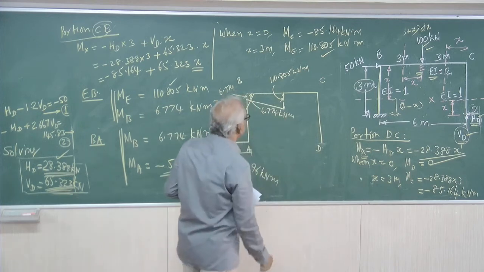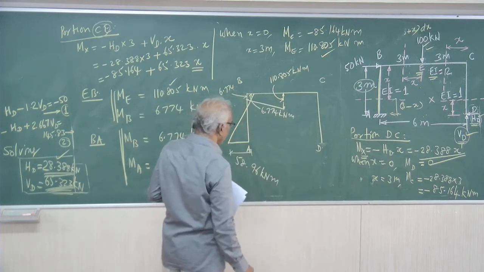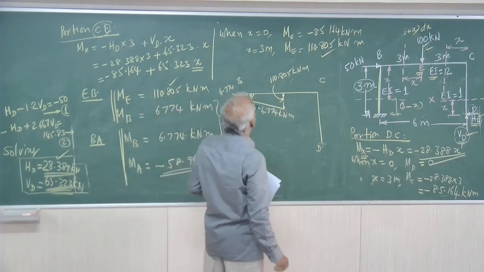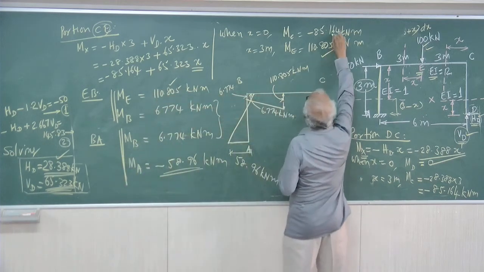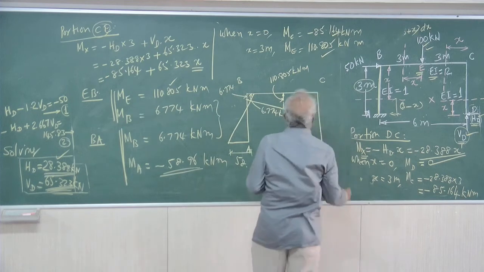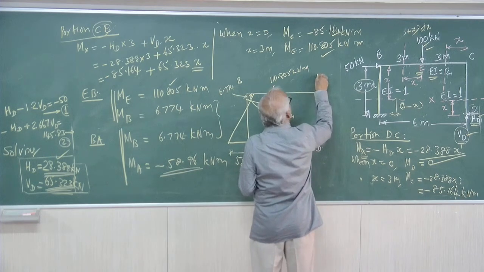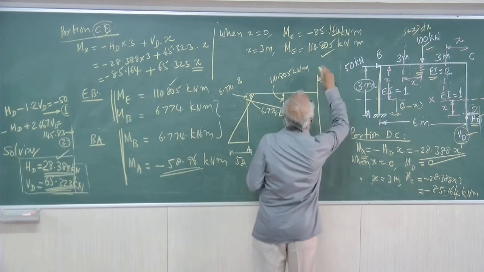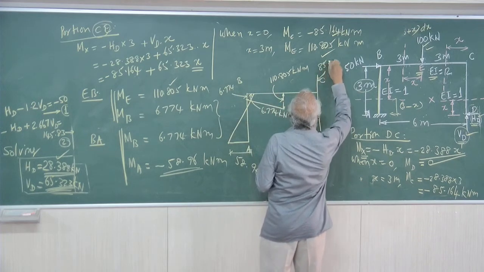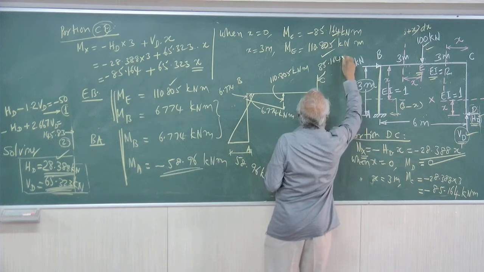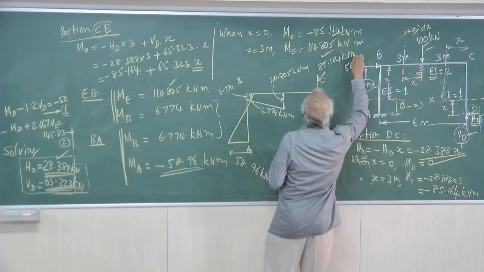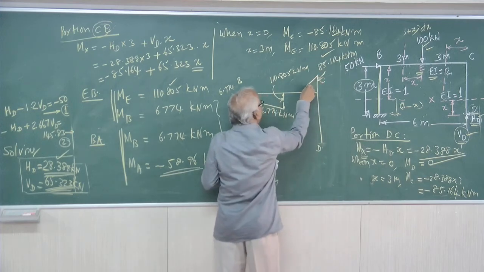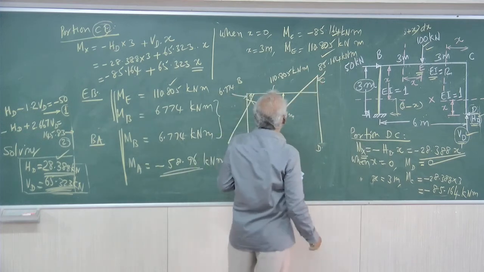At the point C, the moment is minus 85.164. So minus means tension at the top, so this value is 85.164. Sign convention already we have discussed, so that we will not spend much time on that. So this is the diagram.